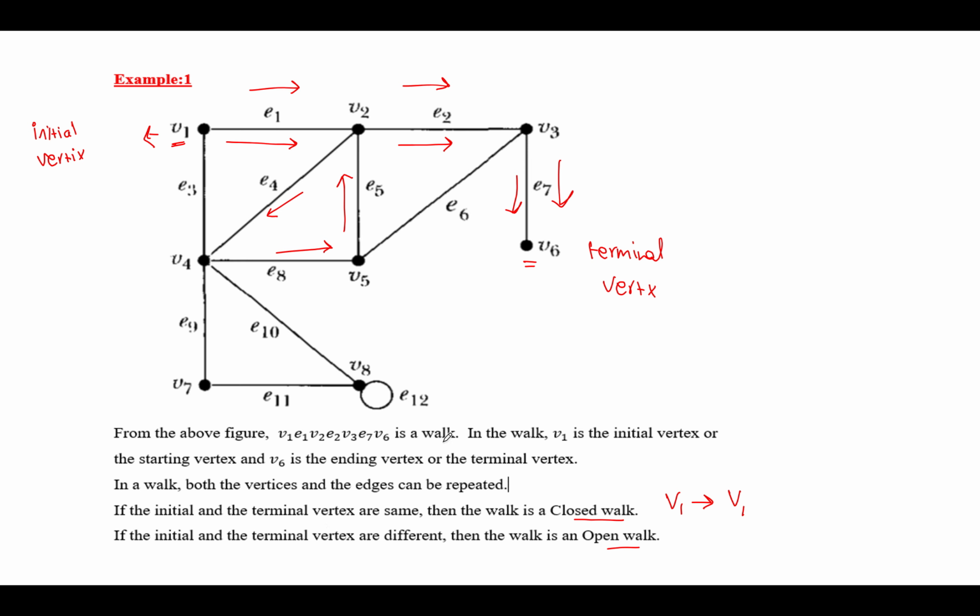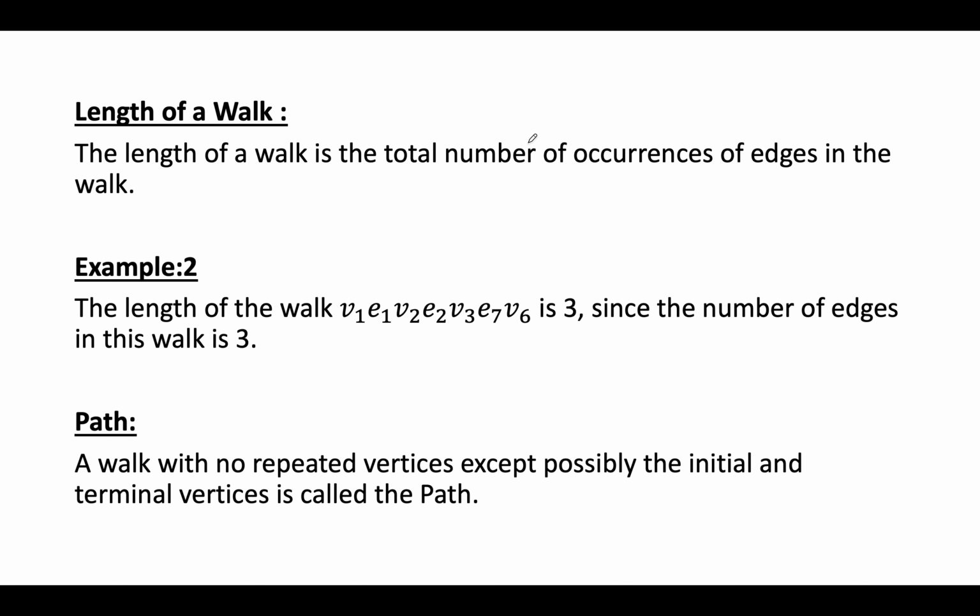So a walk is basically the journey from one vertex to another vertex where we can repeat the vertices and repeat the edges. And we have two main walks: the closed walk, where the terminal and the initial vertex are the same, and the open walk, where the terminal and the initial vertex are different.